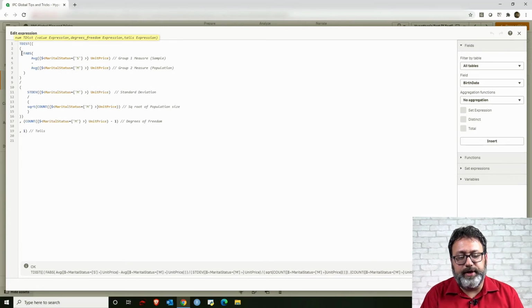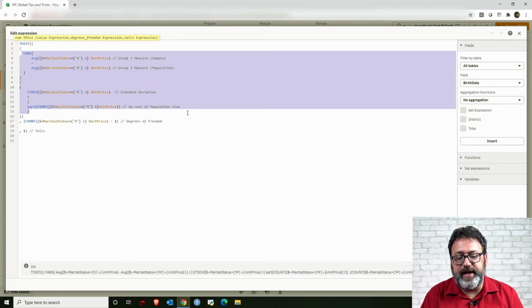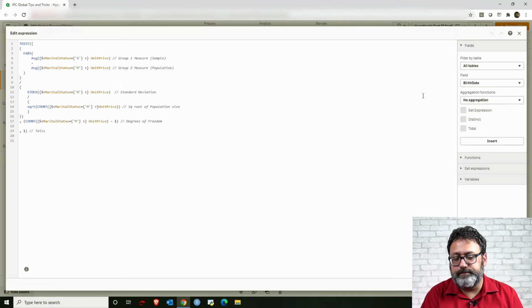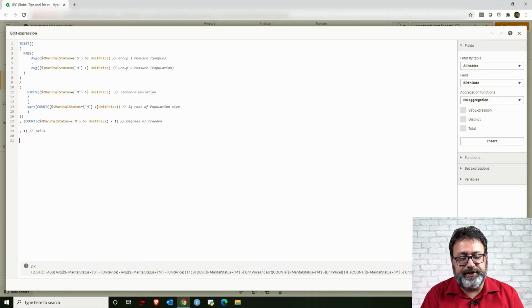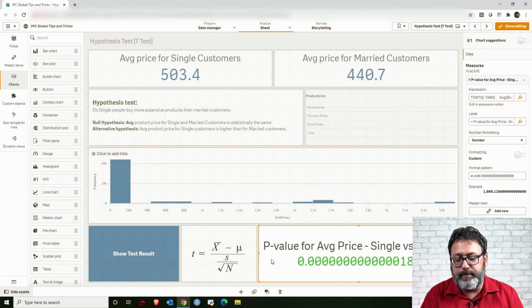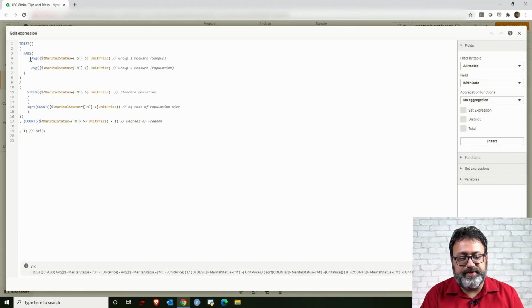Now let's take a look at how we calculate the t value. We're basically applying this formula. First, we're going to take the difference. That's the top portion of the formula. The difference is the average price for single customers.